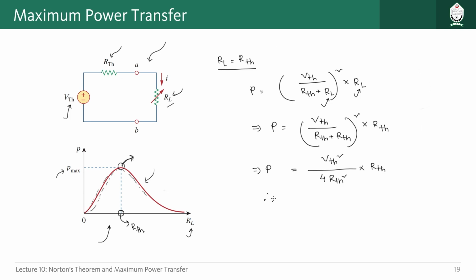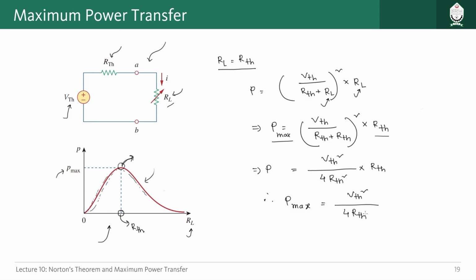So the final power should be the maximum power. So here also we have to write maximum, because when we replace the value of RL with RTH we are getting the maximum power. So P max is equal to VTH square divided by 4 RTH. So this is the final one.